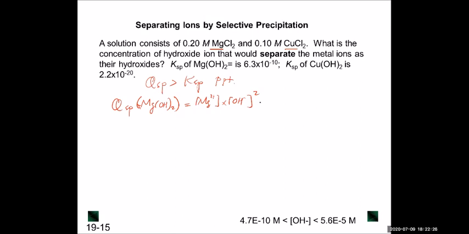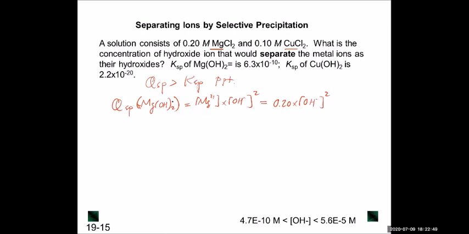The magnesium concentration is the same as the solution concentration, as 1 mole of magnesium chloride gives 1 mole of magnesium ion. That's what the QSP for magnesium should look like.